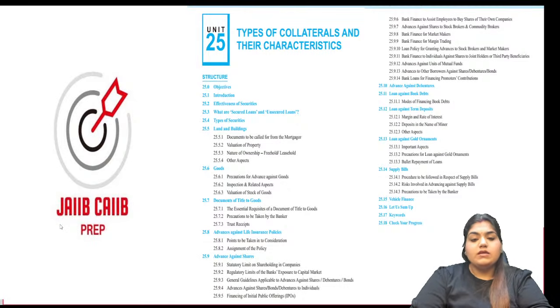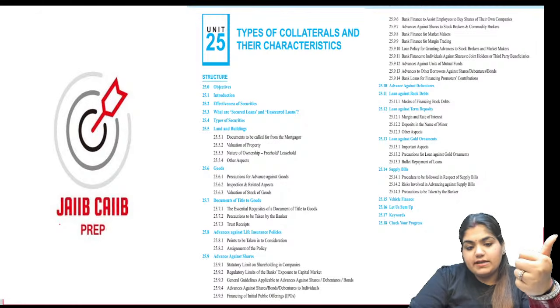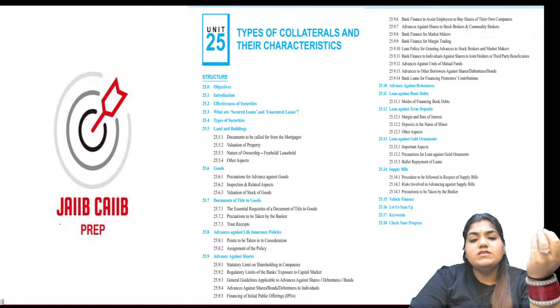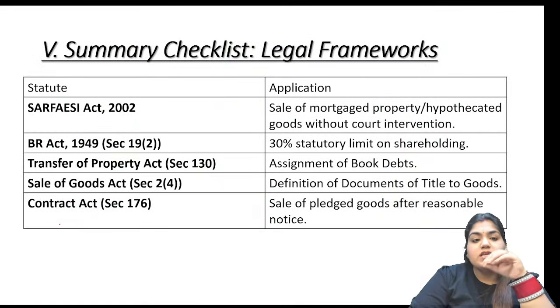Next, see, in this unit, we are talking about the lands and buildings, the loans on goods, document of title of goods, insurance policy against shares. A lot of things got discussed here, that what all things can be given as security.